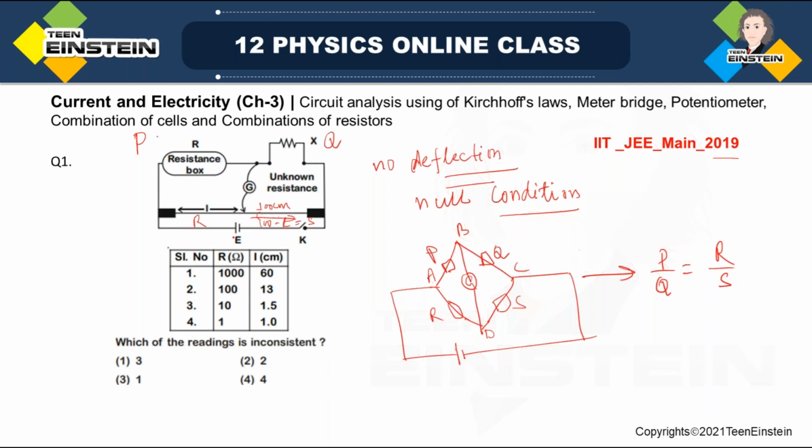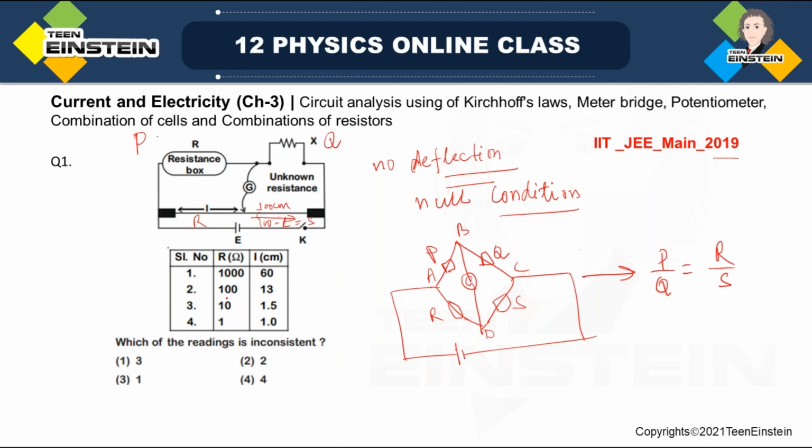As the student slides the jockey, this is the standard resistance box from which you can apply certain resistance. When 1000 is applied, the null condition is found at 60. That means this length is 60 and the rest is 40 centimeter.